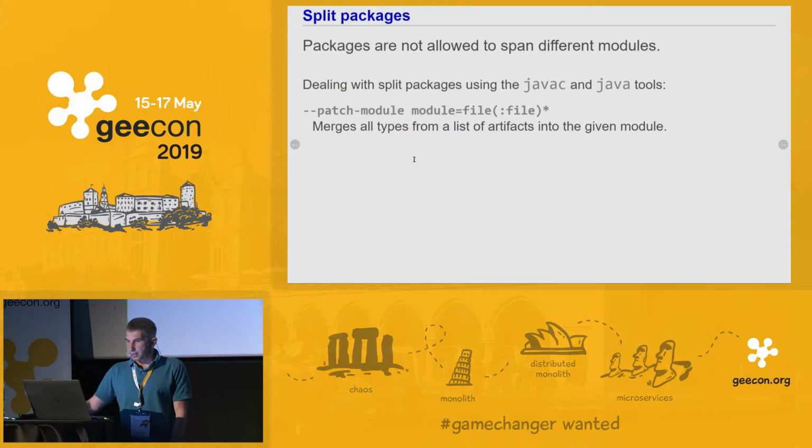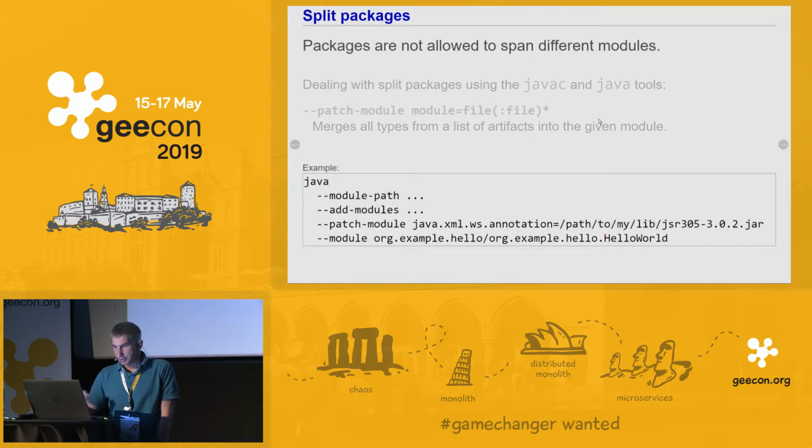Javac and java provide us this patch-module command line option, with which we can specify that all classes from a list of artifacts should be merged into a given module. For example, with this command, I say that all classes from this JSR 305 jar should be merged into the javax.xml.ws.annotation module.